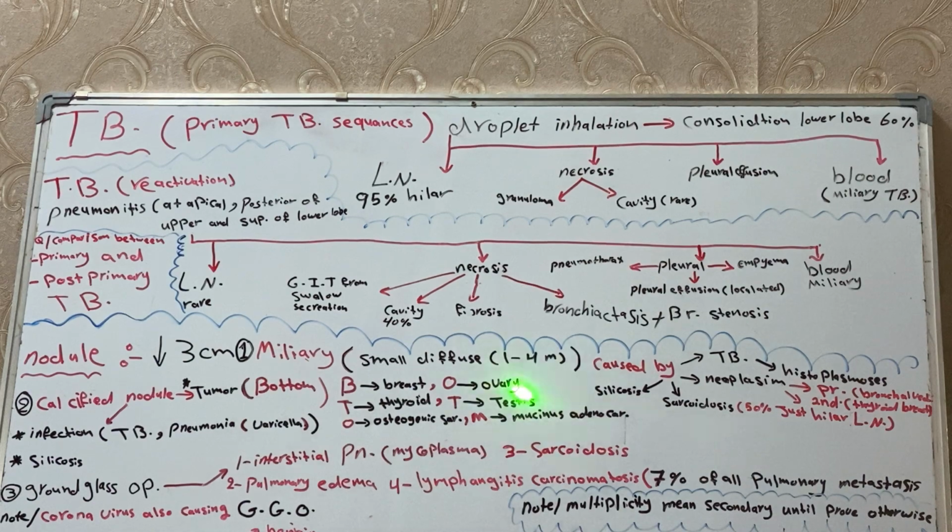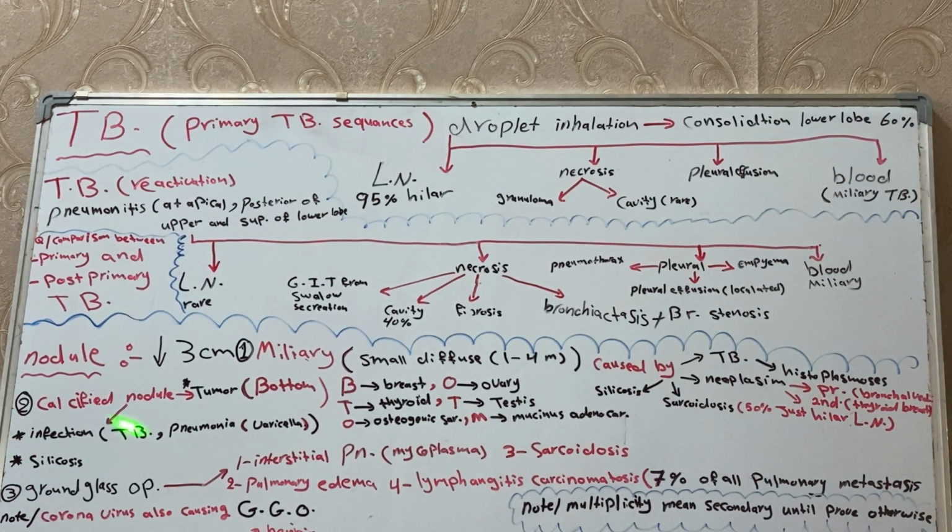Second T, testis. O, osteogenic sarcoma. The last is M, mucinous adenocarcinoma. So BOTTOM: breast, ovary, thyroid, testis, osteogenic sarcoma, and mucinous adenocarcinoma. These are the tumors causing calcified nodule.